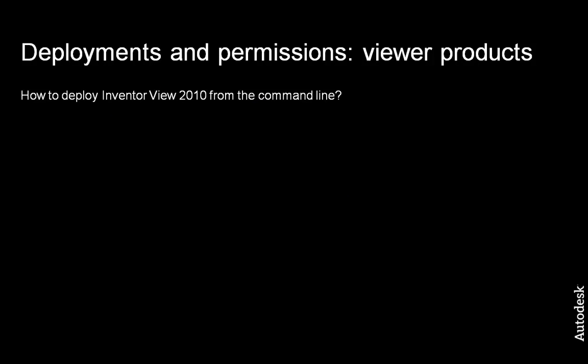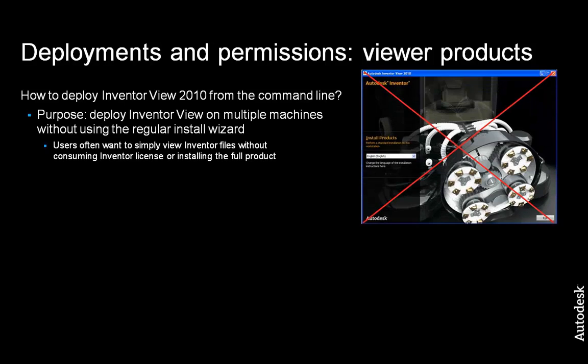Another aspect of viewers is the deployment of Inventor View 2010. Sometimes I get the question, how can I deploy Inventor View from the command line? What users want to do is avoid the full-blown install wizard, and they don't want to do this on each and every machine where they want to install Inventor View.